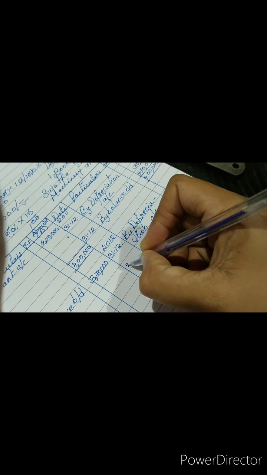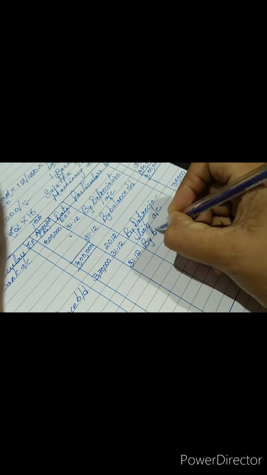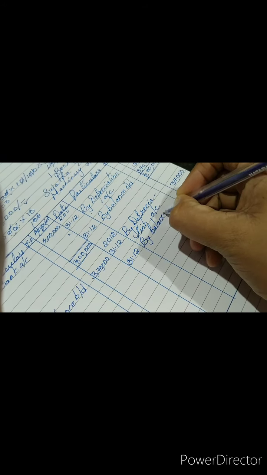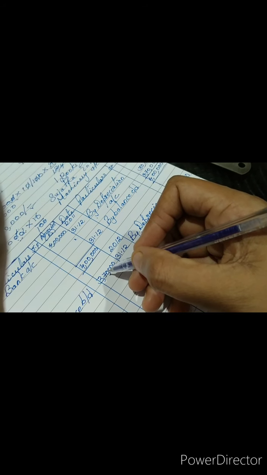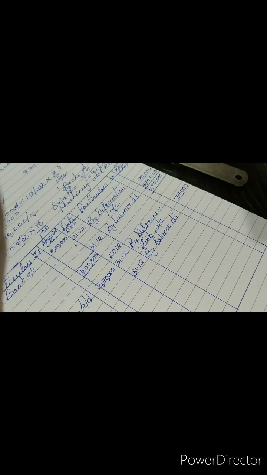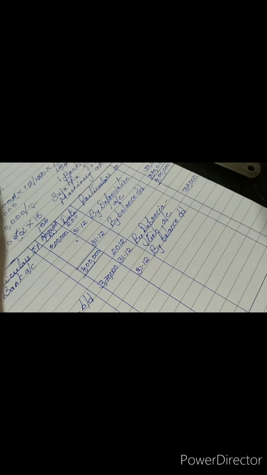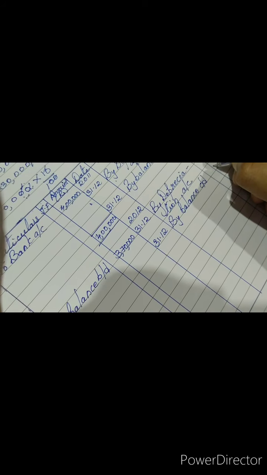Now just have a look what is the balance C by D. By balance C by D will be the amount when you minus this 37,000 from 3,70,000. So when you do that, you will get an amount of 3,33,000.